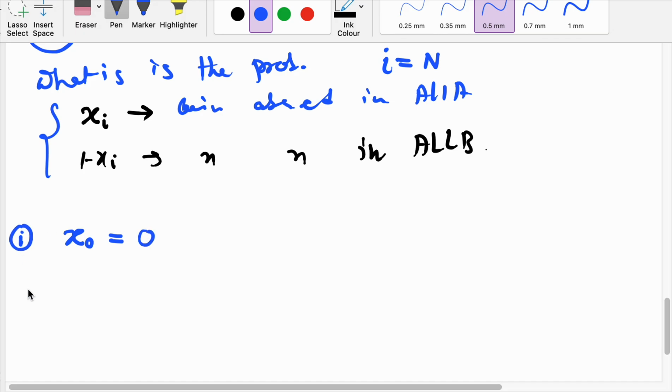So x0 is 0. Now, what will be the probability that from the state x equal to i it will reach all A type?